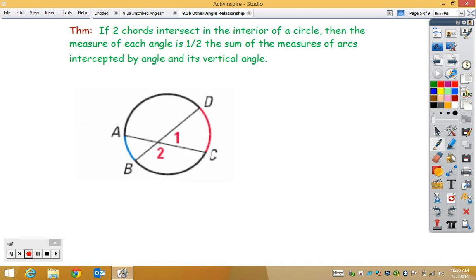Okay. If two chords intersect in the interior of a circle, then the measure of each angle is 1/2 the sum of the measures of arcs intercepted by the angle and its vertical angle.